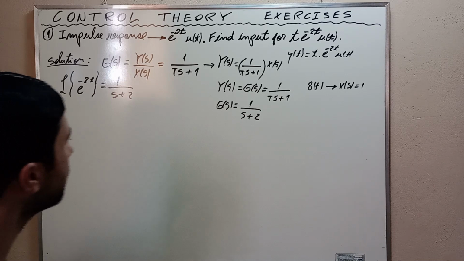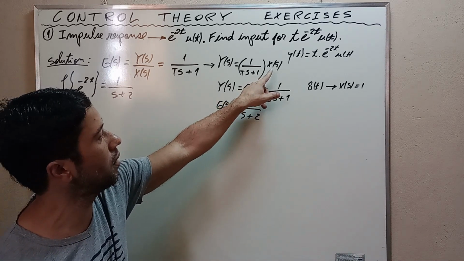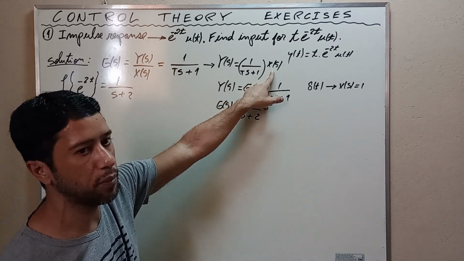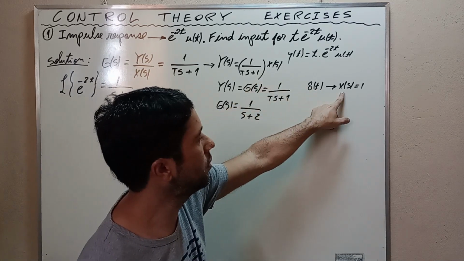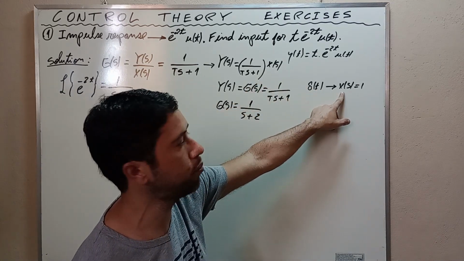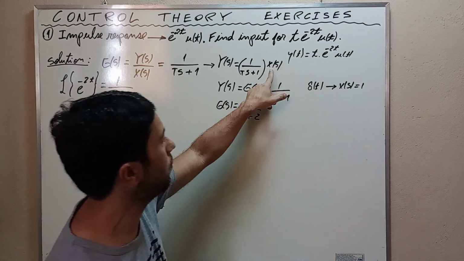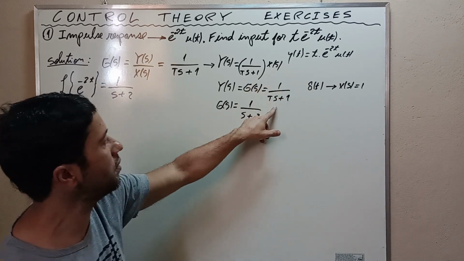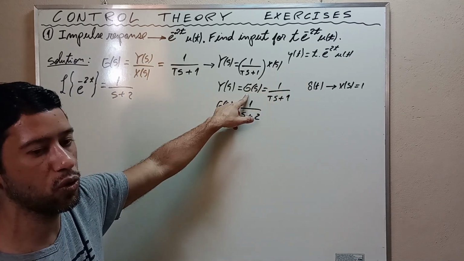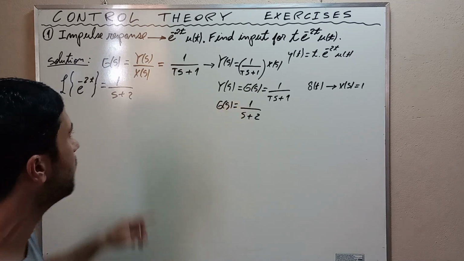One more time. When the input is the impulse, the Laplace transform of the impulse is 1. Then multiplying by 1, we get that the output is equal to the transfer function.